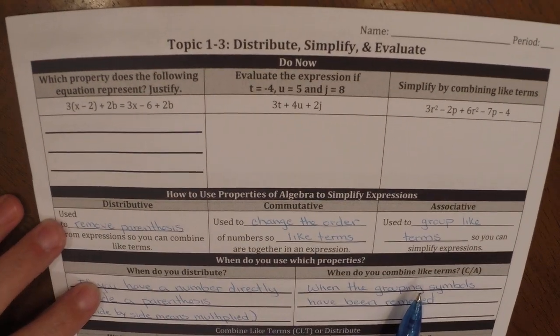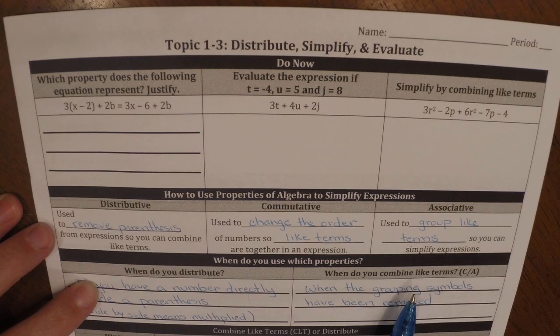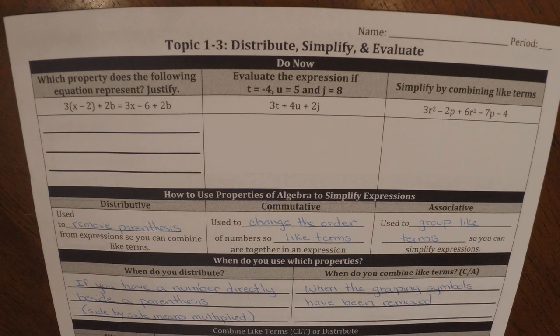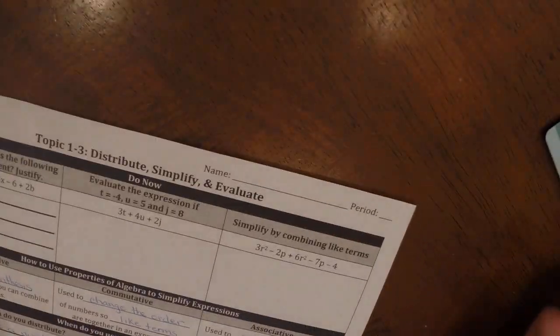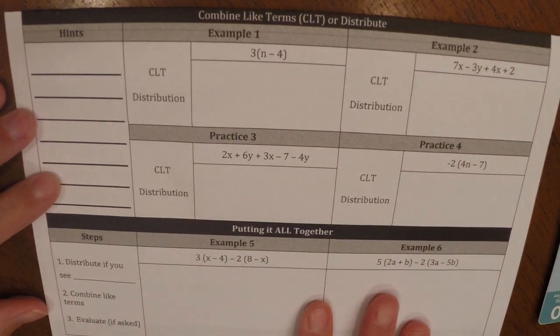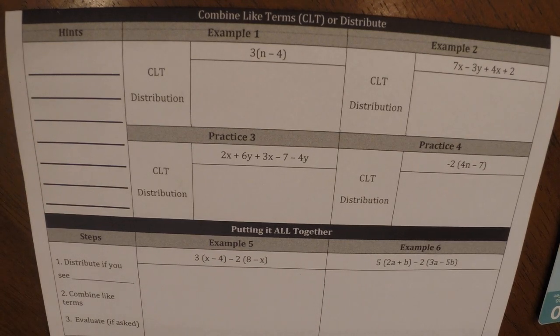So, when we're looking at this, and I guess I need to go ahead and fold my paper so that you guys can see. I've got a few examples down here to kind of go over with you.